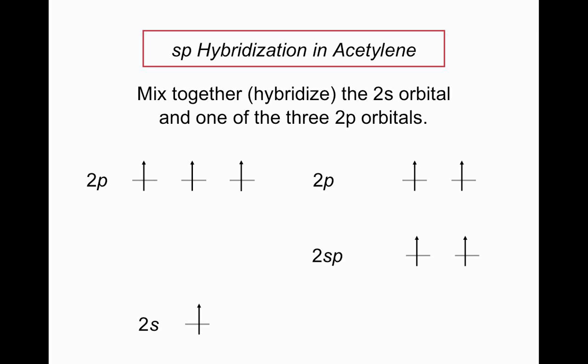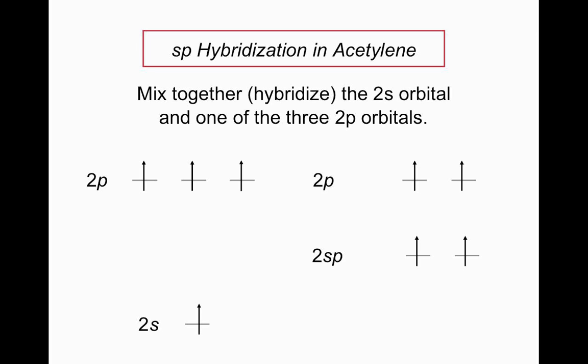To form a triple bond, we have to have a carbon atom undergo sp hybridization. Once again, alkenes are sp2 hybridized, their vinyl carbons are sp2 hybridized, and in alkanes, those carbon atoms are sp3 hybridized.